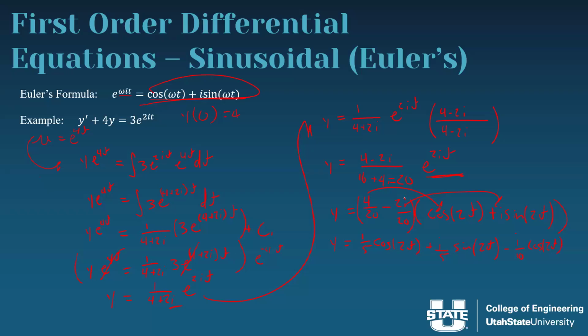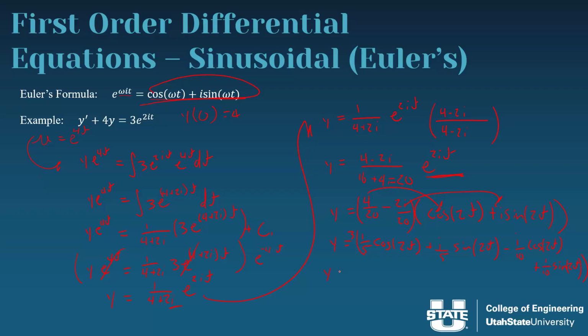And because you'd have an i squared, you'd end up having another negative, so plus 1 over 10 sine 2t. Oh, sorry, this whole thing is multiplied by 3. We can distribute that later.